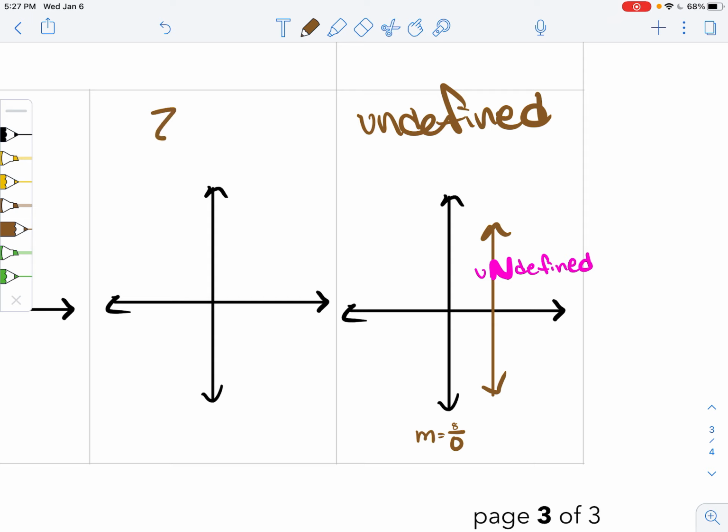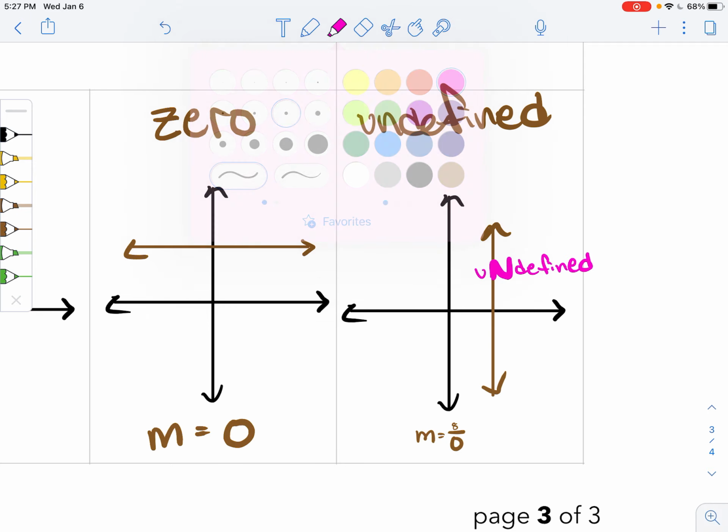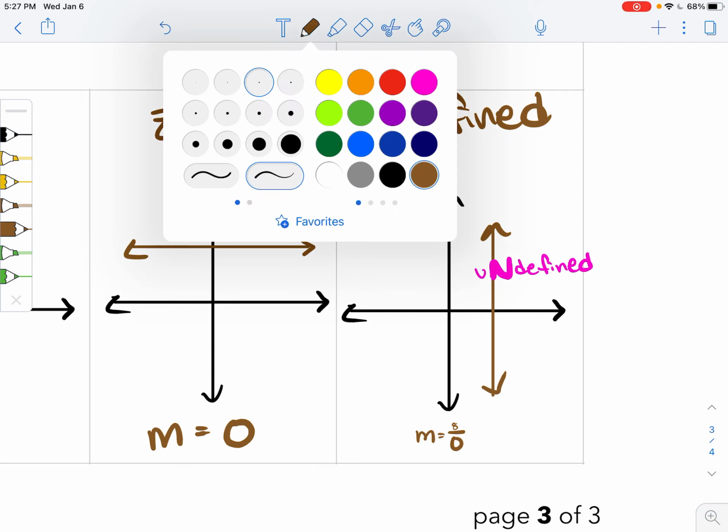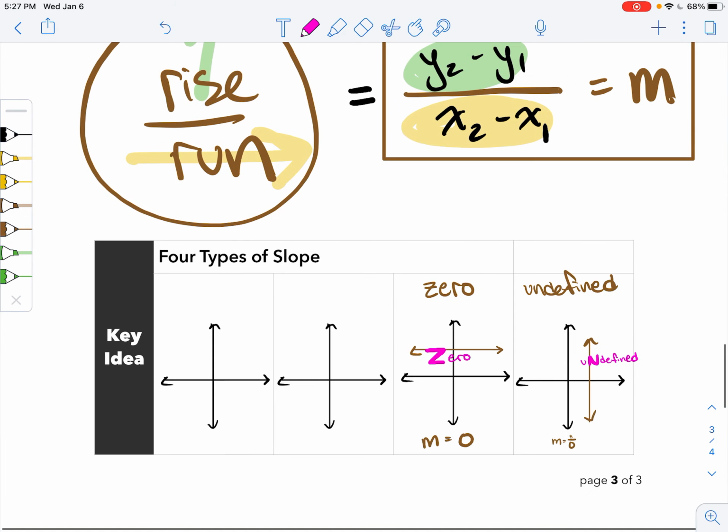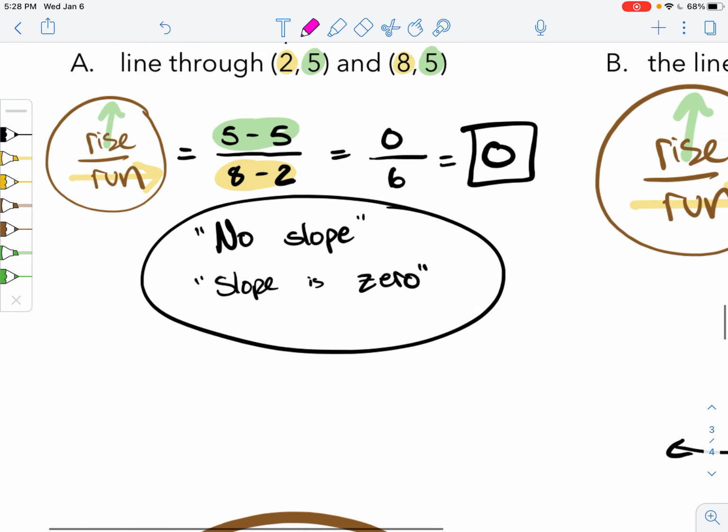We also saw 0 slope, and that's with a horizontal line. So if you have your slope equals 0, you're going to have a horizontal line, and the fun way to remember that is you say 0, you've got that horizontal-ish thing, 0. This makes sense if we were to graph this guy.